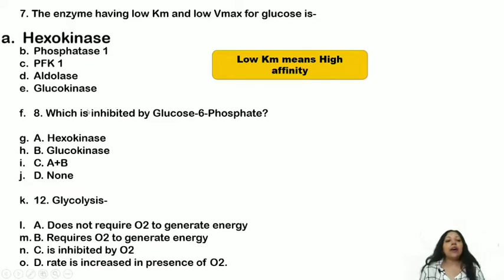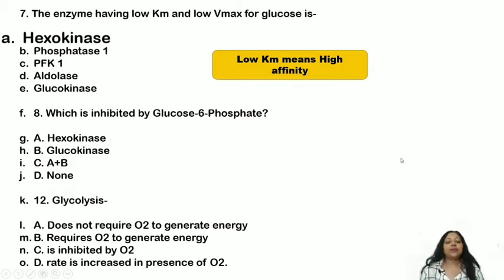So among all these enzymes, we know that glucokinase is the liver enzyme and its affinity for glucose is low. So the enzyme having low Km and low Vmax for glucose is hexokinase, because it has high affinity for glucose. It can sense low concentration of glucose and go for glycolysis, correct?